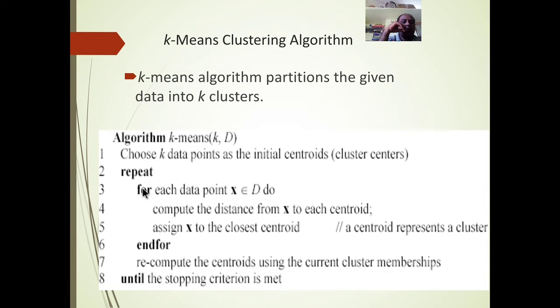Then we repeat: for each data point x belonging to the data set D, compute the distance from x to each centroid and assign x to the closest centroid, and recompute the centroids using the current cluster memberships. This step has to be repeated until some stopping criterion is met.